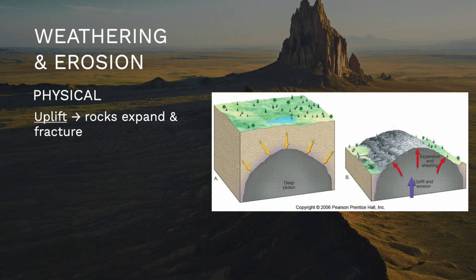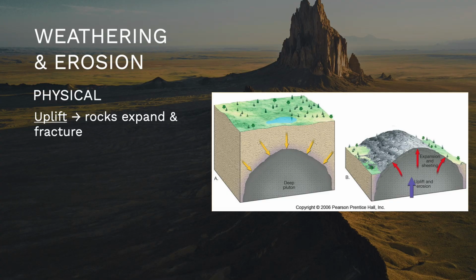So there are multiple types of weathering. Physical weathering involves processes such as uplift. When rocks are uplifted from deep in the crust, as they reach more towards the surface, the amount of sediment or rock or earth material over them decreases, so that pressure on them is removed.